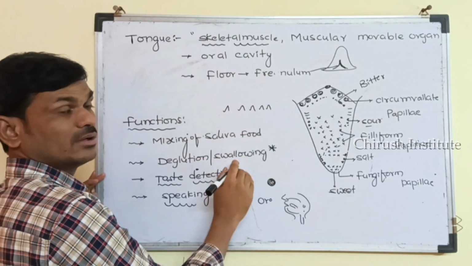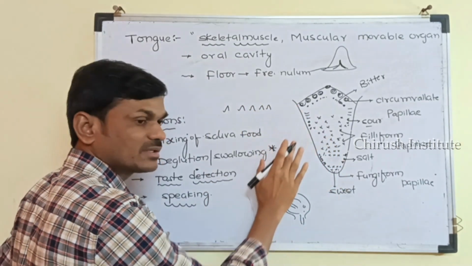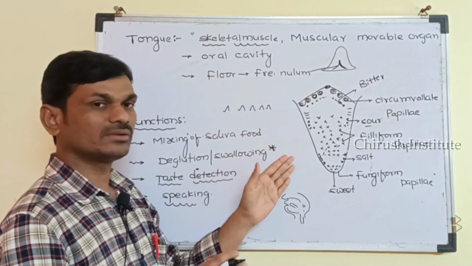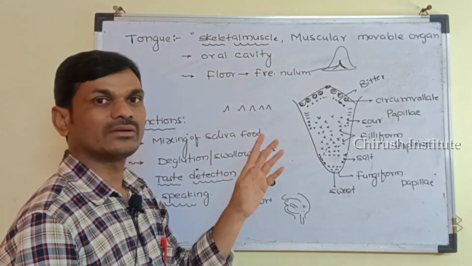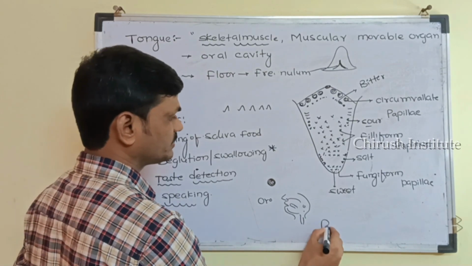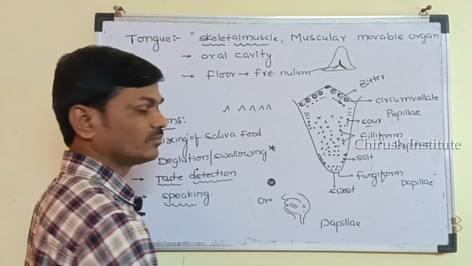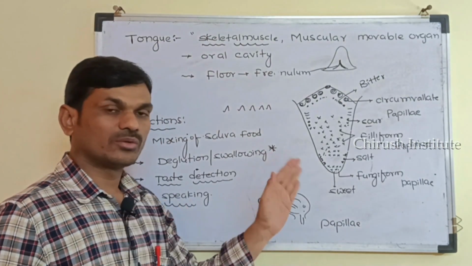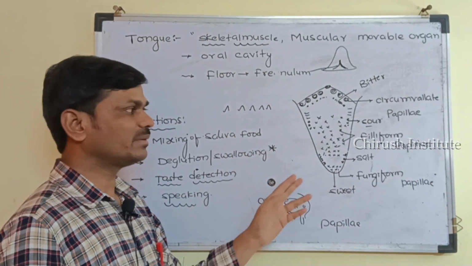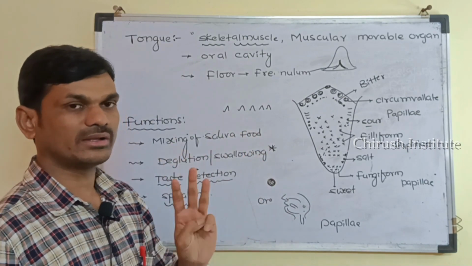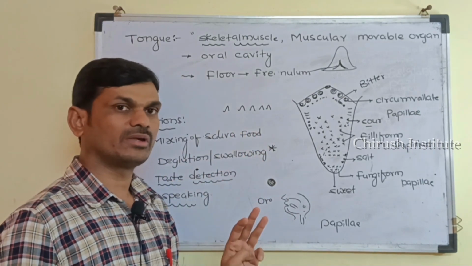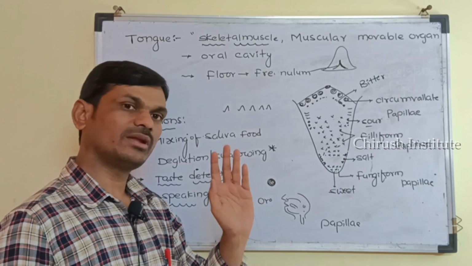The elevations present on the surface of the tongue we call papillae. Based on the location and the shape, we divide the papillae into 3 categories in the case of human beings and 4 categories in the case of the rabbit.